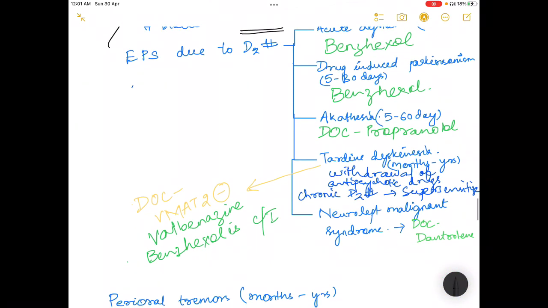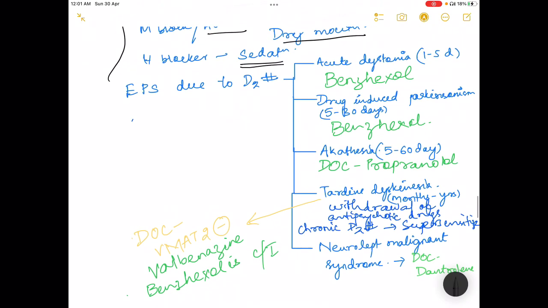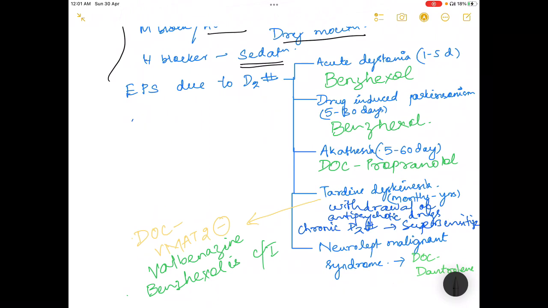Now, due to the D2 blockade, there are further extrapyramidal symptoms, which can be classified on the basis of their onset. The first to be caused is acute dystonia, and next is drug-induced Parkinsonism. For both acute dystonia and drug-induced Parkinsonism, the drug of choice for treatment is benzhexol, that is a centrally acting anticholinergic.